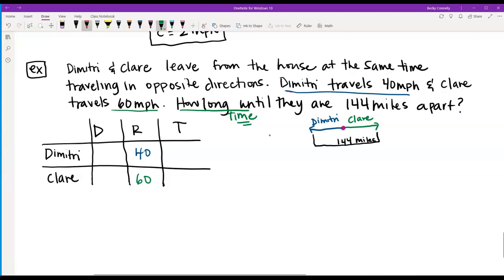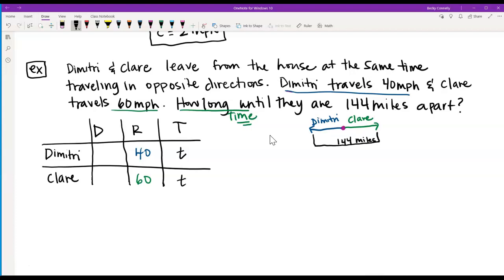And so I know that my times are just going to be t. If it said something like Dimitri left 2 hours after Claire, then I'd have to put that in as t plus 2, saying that they left later, or one of them could have been t minus 2. We'll talk about one like that, but if they left at the same time, then both of them are going to just be t. Okay.